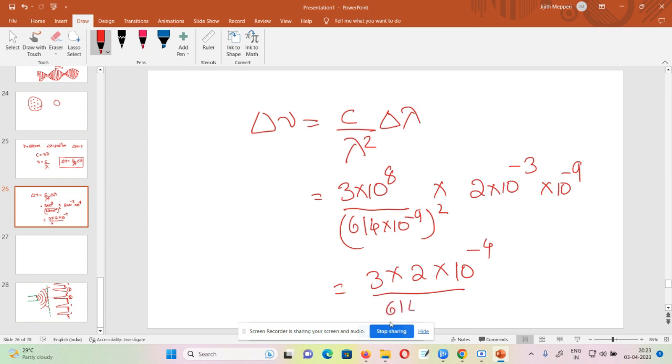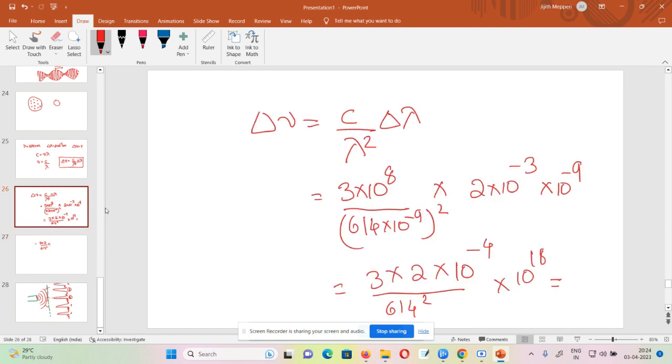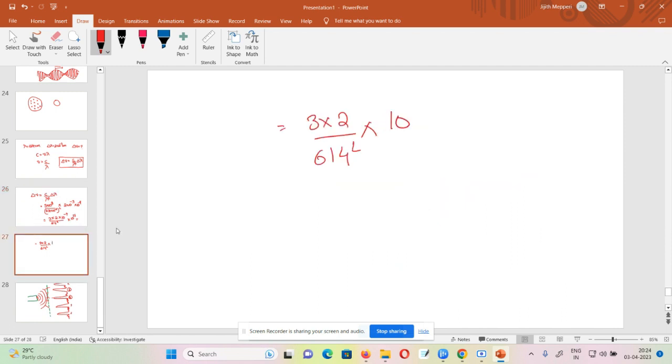Divided by 614 square into 10 raised to minus 18. Like 3 into 2 divided by 614 square into 10 raised to 18 minus 4, 10 raised to 14.